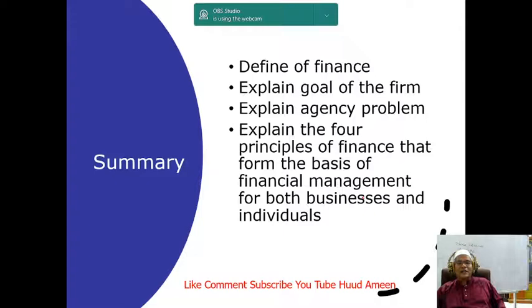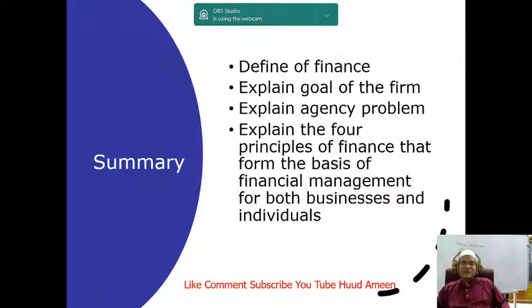So we are at the end of this chapter, and the summary of the chapter is: what is the definition of finance? You just refer back to the notes. Explain the goal of the firm, the mission of the firm. Explain the agency problem.